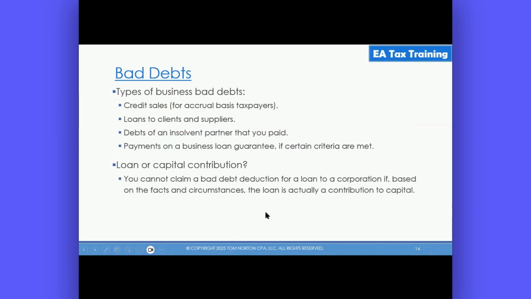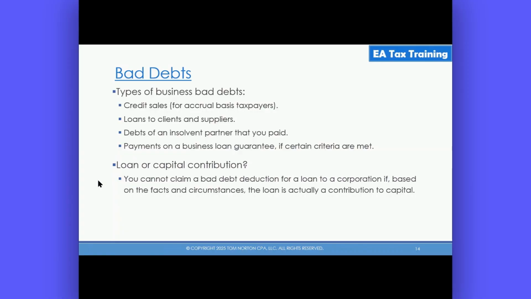Types of business bad debts. First, you have credit sales. That's what we just talked about. So if you're an accrual basis taxpayer, as we said, you can deduct that. You could also have loans to clients and suppliers that go bad. Debts of an insolvent partner that you paid. So sometimes you've got a partnership, two or more partners, and one of the partners is insolvent and can't make good on their share of a liability from the partnership.